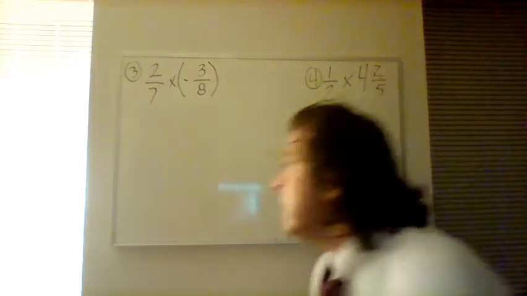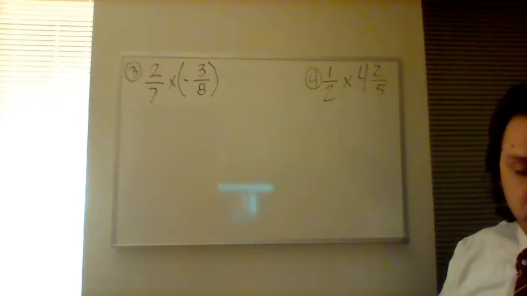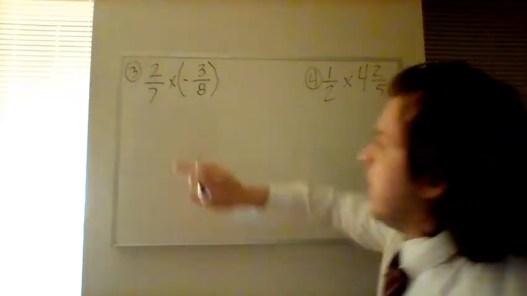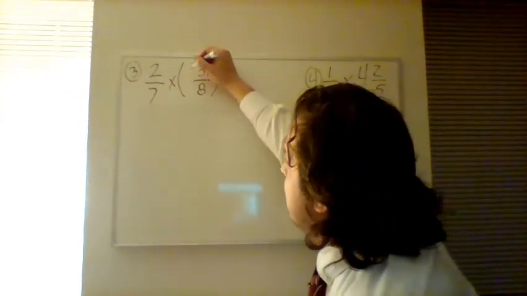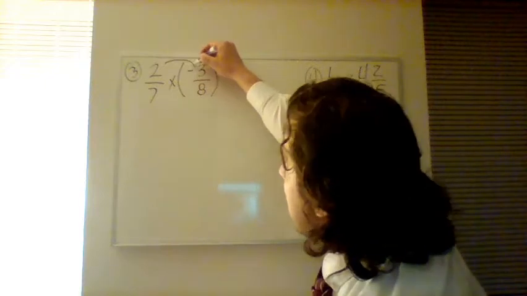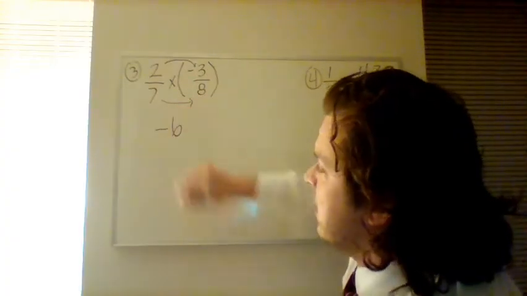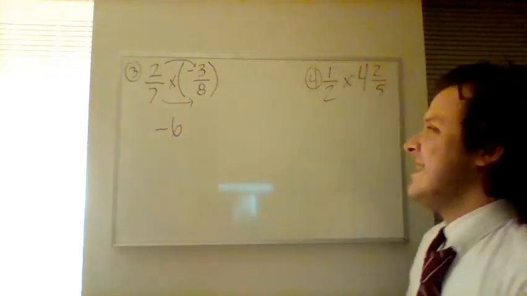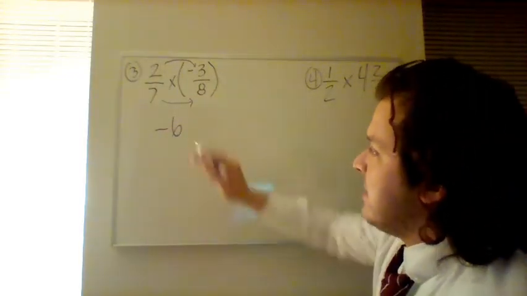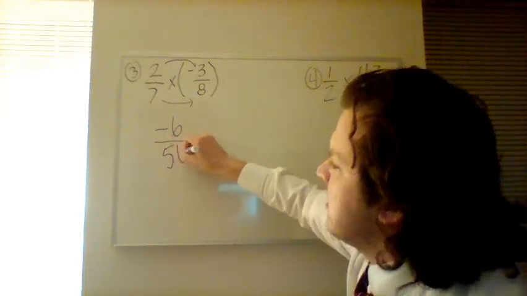Okay, so here we have 2/7 times -3/8. Once again, I'm going to move this negative sign up to the 3. And let's times straight across again. We're going to times here and here. So 2 times -3 is -6, and 7 times 8 should be 56.